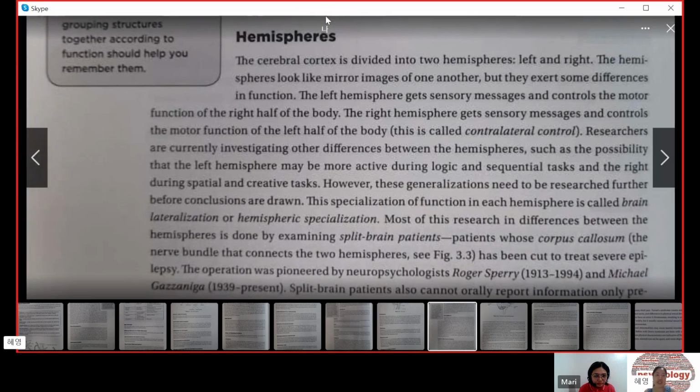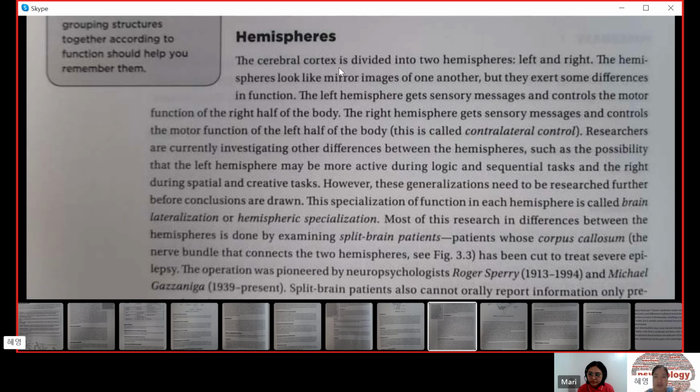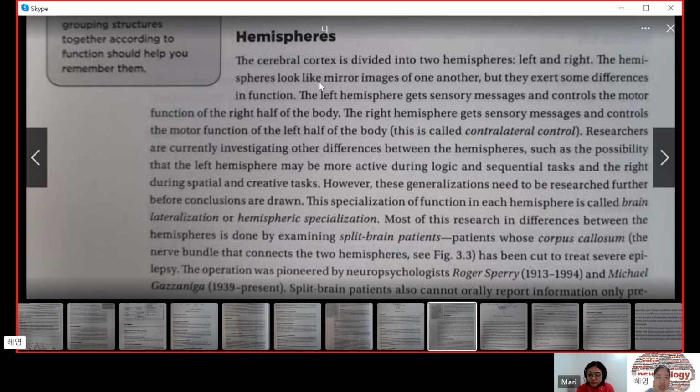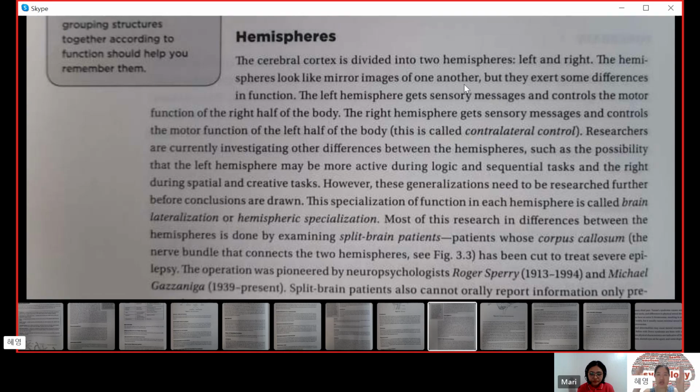And next one is hemisphere. Actually, the cerebral cortex is divided into 2 hemispheres, left and right. The hemispheres look like mirror images of one another, but they have some differences in function.